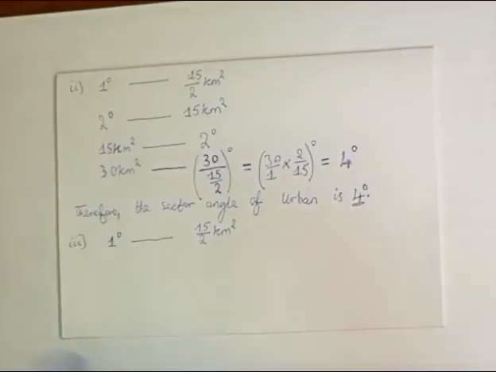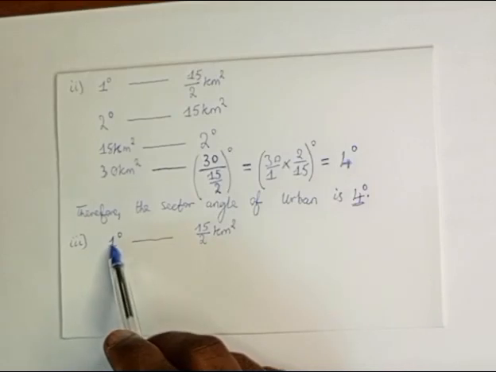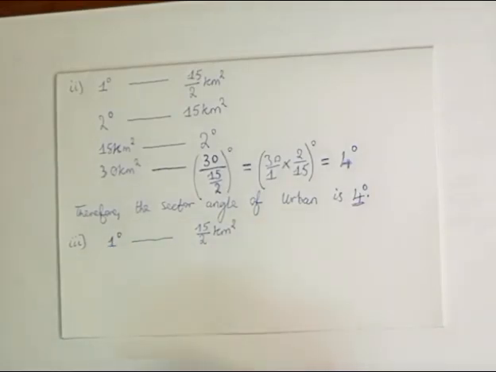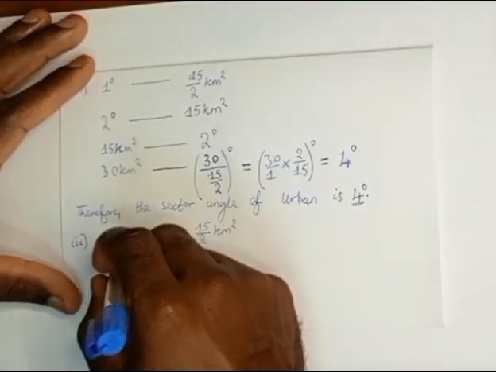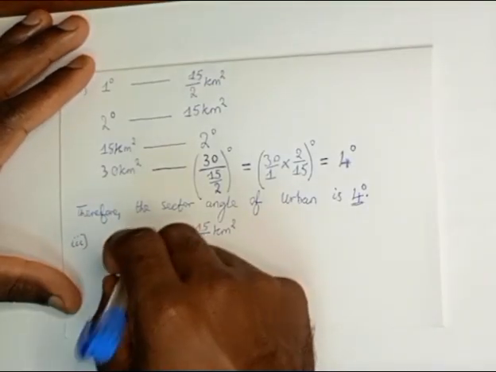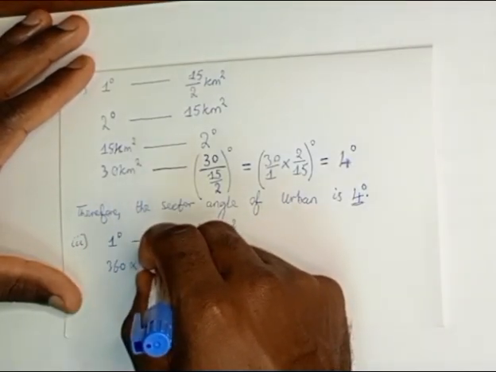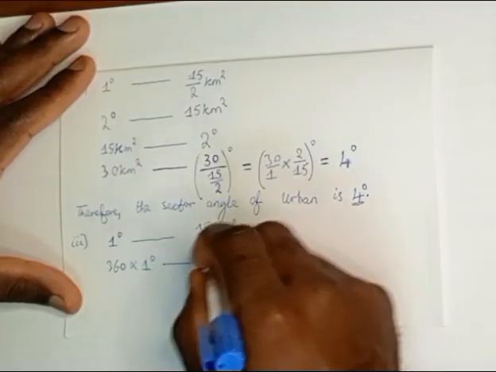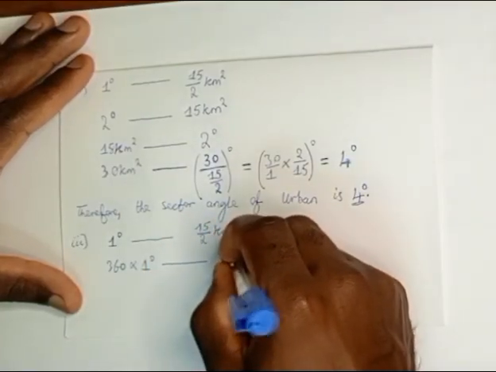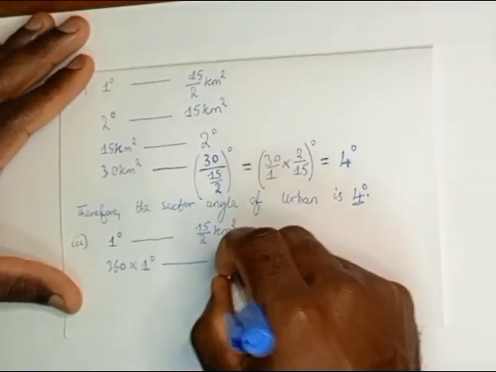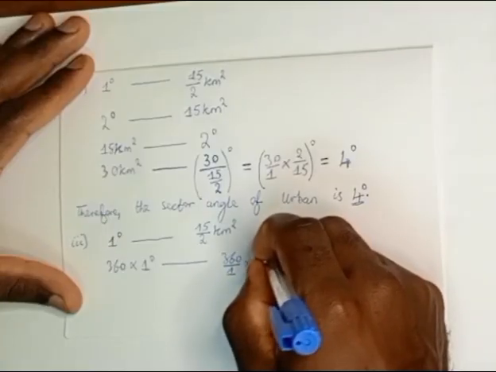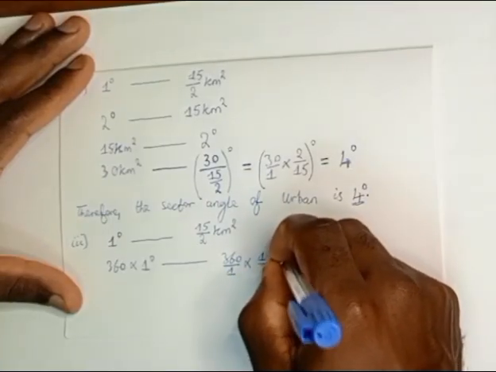So for us to get the total surface area of the county, we are simply going to multiply both sides of this equation by 360. This will give us 360 times 1 degree will represent an area of 360 over 1 times 15 over 2 kilometers squared.